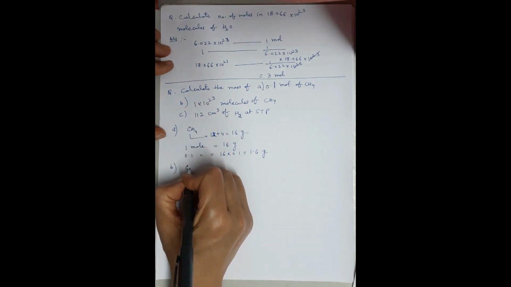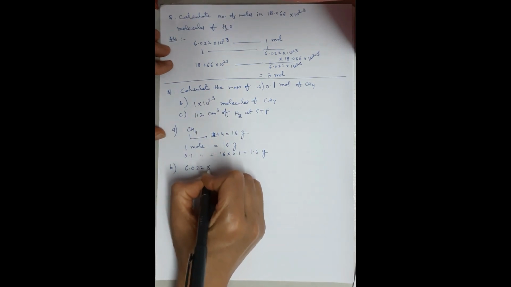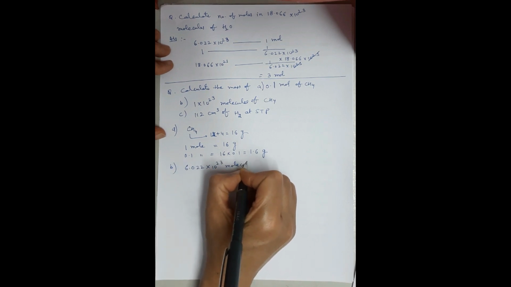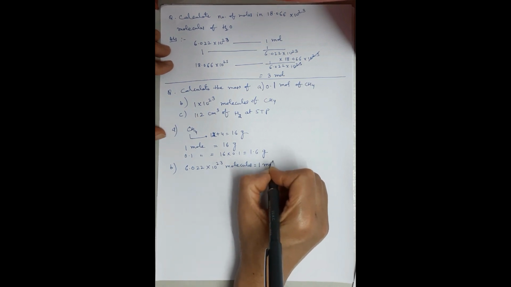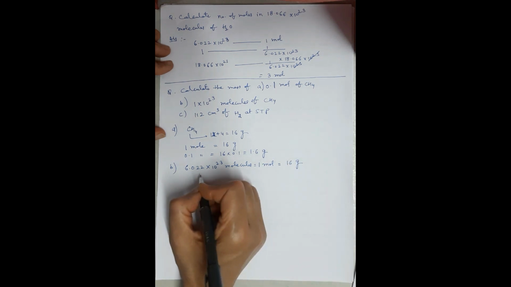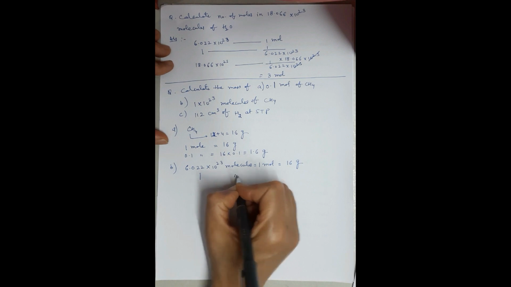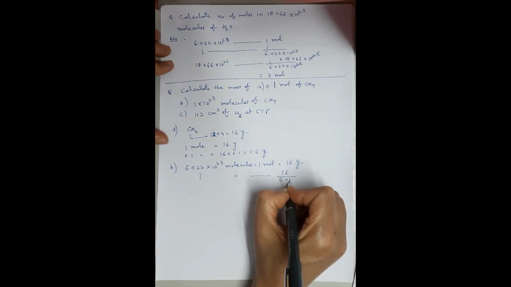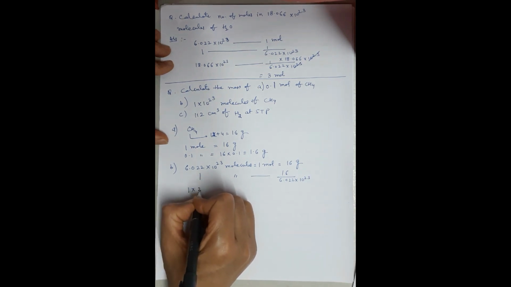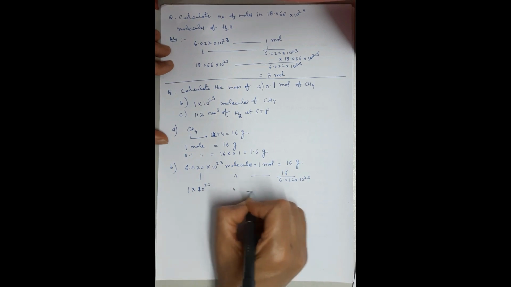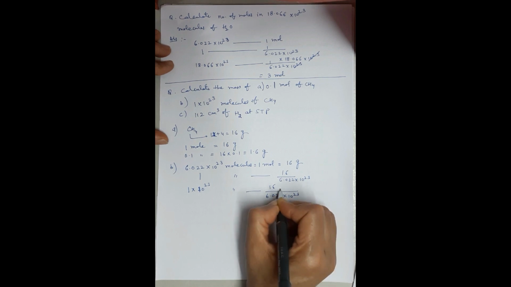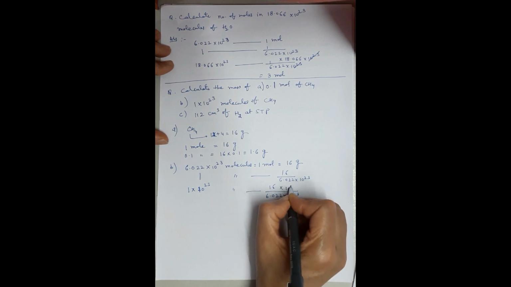So you already know 6.022 into 10 raised to power 23 molecules is equal to 1 mole, which weighs 16 grams, and the mass of one molecule is 16 upon 6.022 into 10 raised to power 23, and the mass of 1 into 10 raised to power 23 molecules is 16 divided by 6.022 into 10 raised to power 23 into 10 raised to power 23.